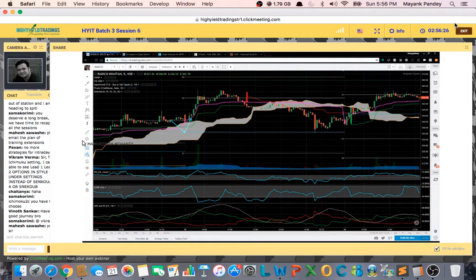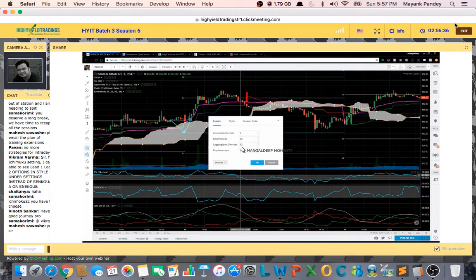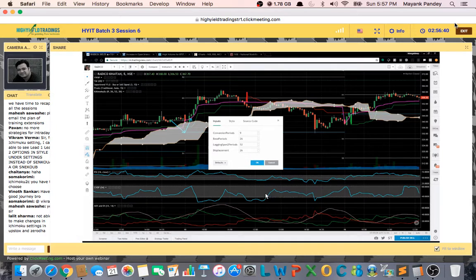I'm not sure what you're talking about because this is the only setting we have. If you go to inputs, this is the only setting I see. If you want, I'm going to take a screenshot and paste it on Discord, so you can have a look there.